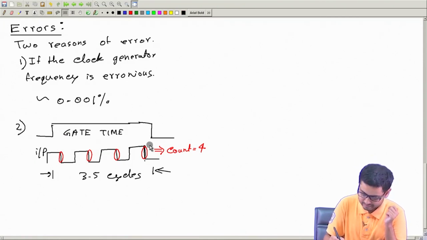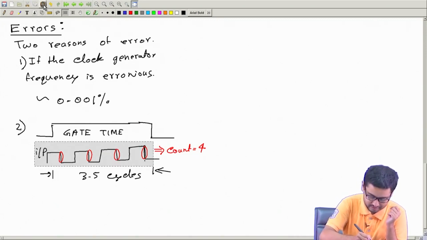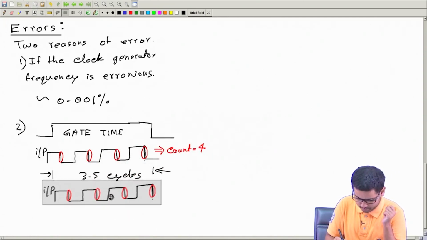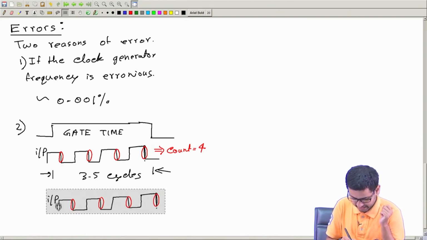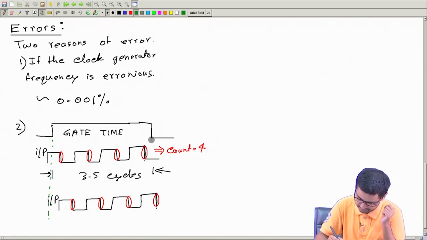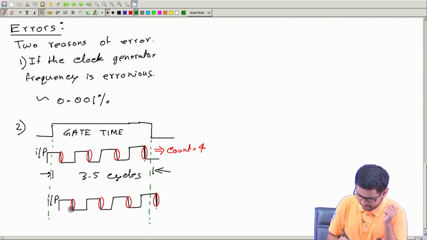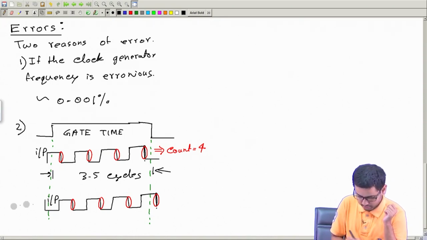Similarly, if I have the input signal starting from here at this point. Okay. So, this is the gate time. Then you see this edge is outside the gate time, this edge is also outside the gate time.